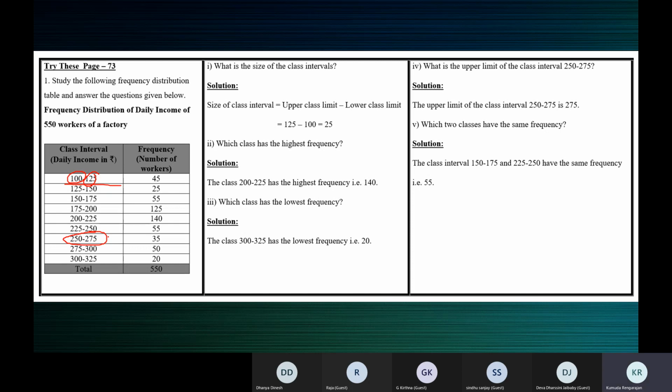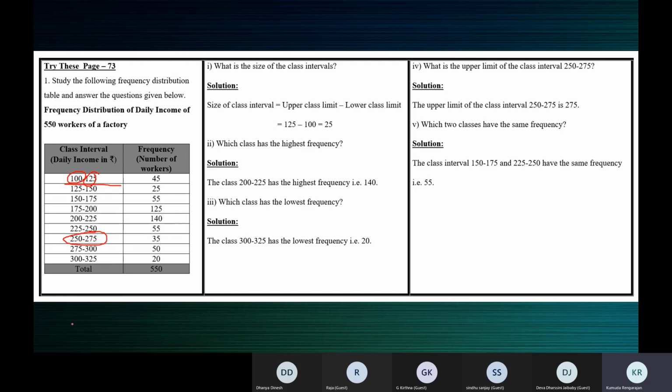Now let's understand what is meant by the size of a class interval. Size of the class interval is the difference between the upper limit and the lower limit. So you can see the answer here, size.